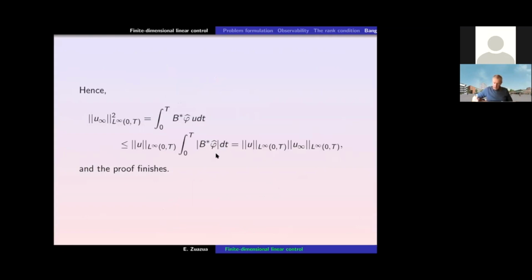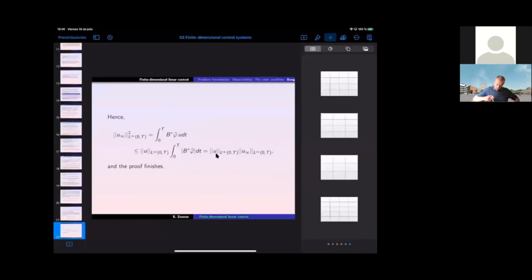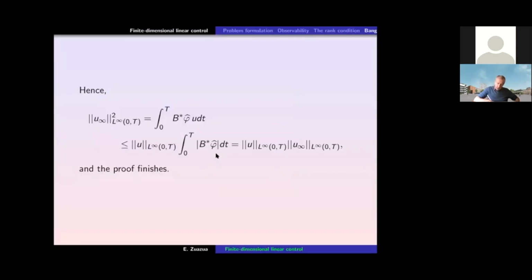So the conclusion is that controlling systems through the analysis of the adjoint leads to several interesting conclusions.